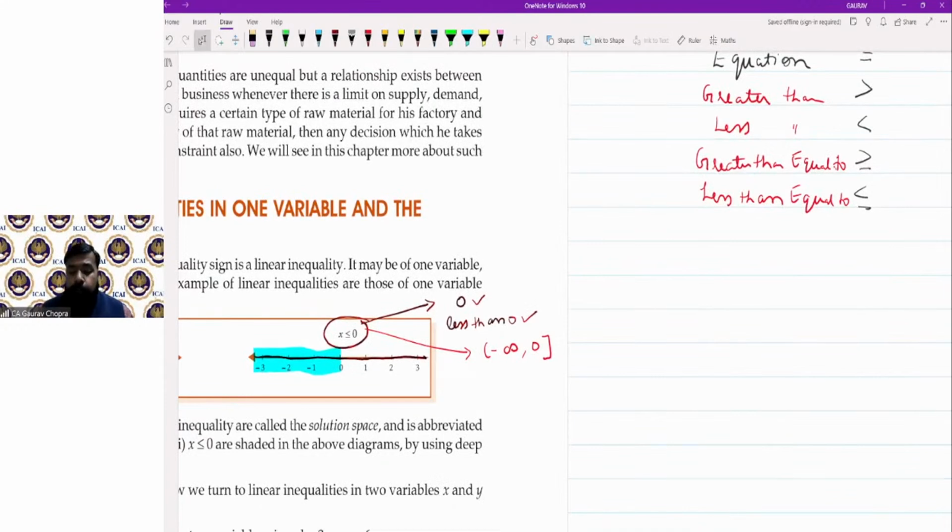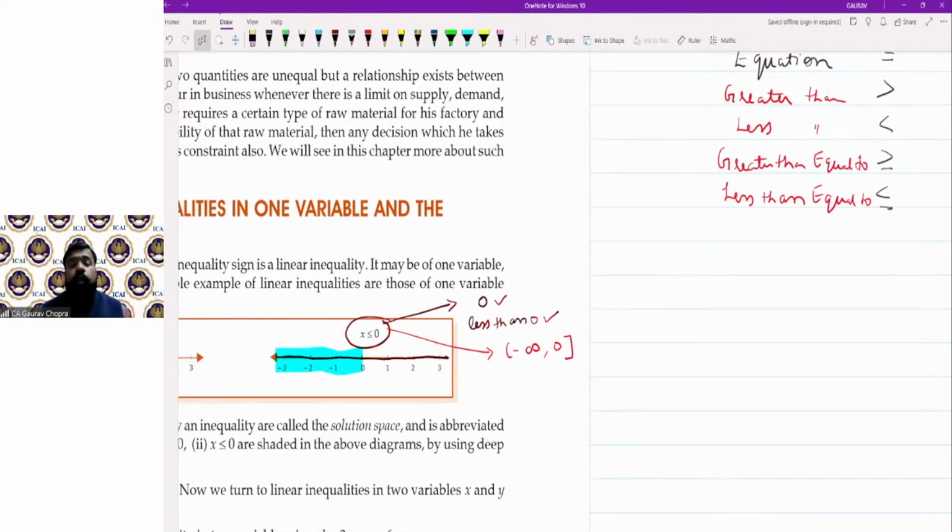Whenever we want to represent some data, we use two types of bracket. One is the simple curve bracket, which is known as an open bracket. And the square bracket means it is a closed bracket. Open and then closed bracket.